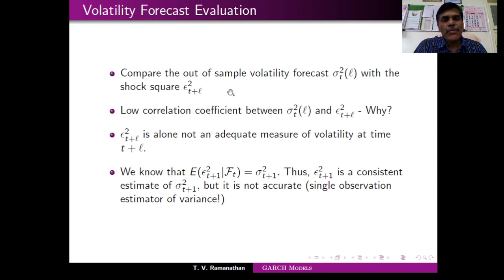And you compare the out of sample volatility forecast with the squared. You can compare them to see how good they are. When you reach that time point, you can get these things, so you can have a comparison of this. You can see that there will be low correlation between these two.